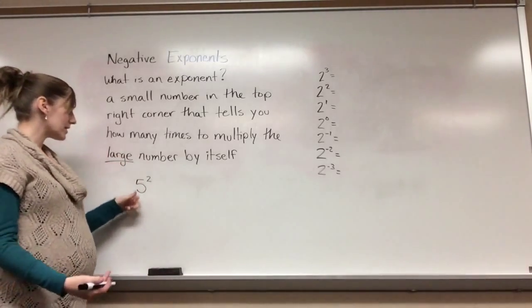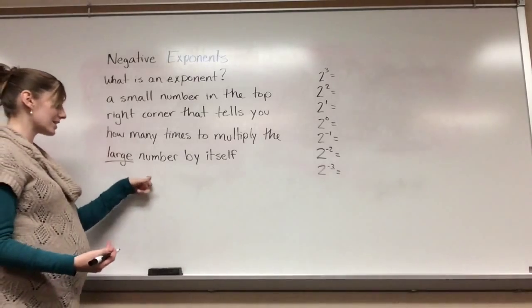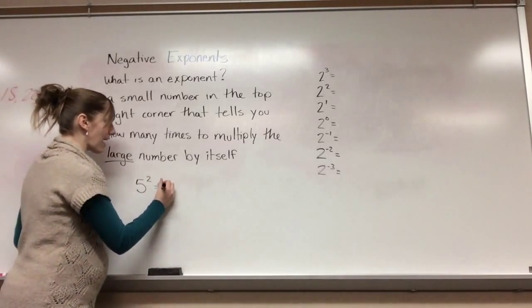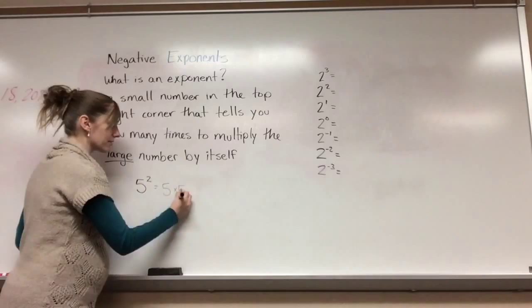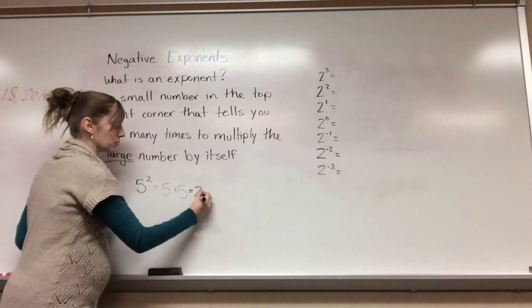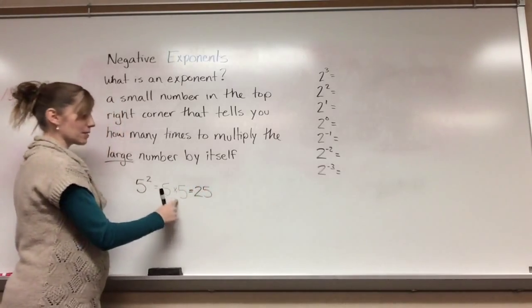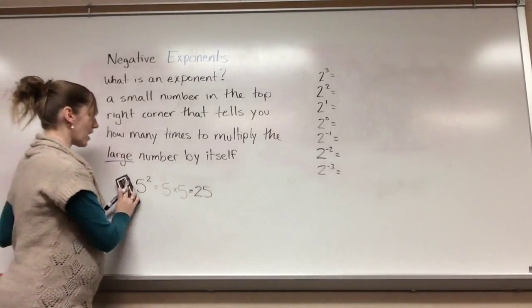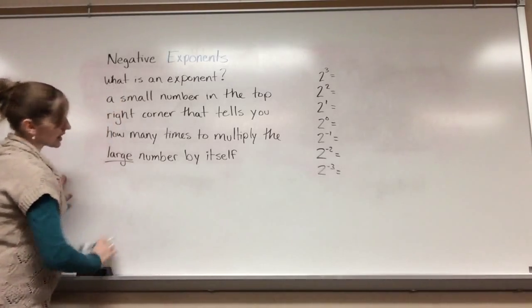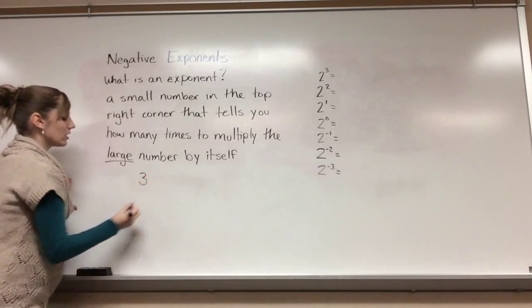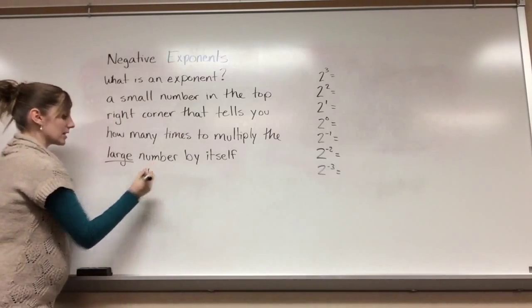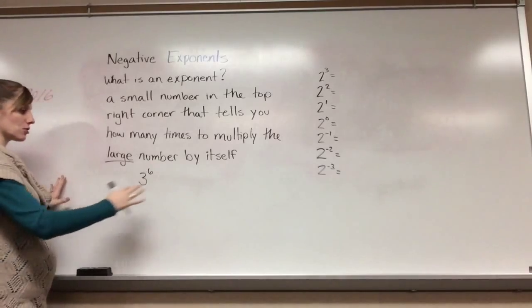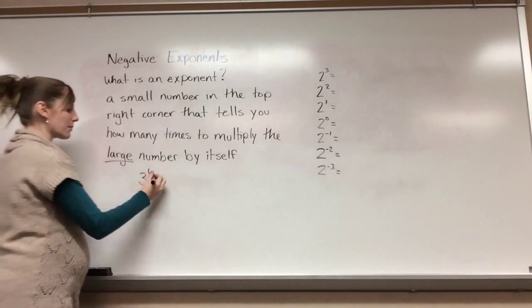Okay, so what 5 to the second power actually means is just 5 times 5, which is 25. Now this doesn't seem much shorter than 5 times 5, but let's think of it another way. Let's do 3 to the 6th power.